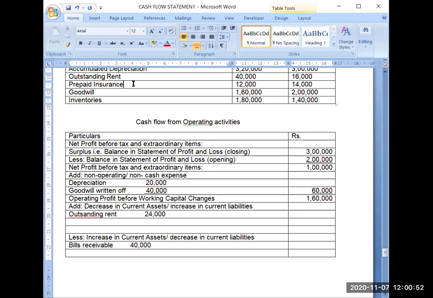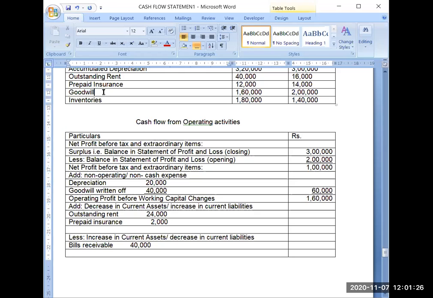It is decreasing by 2,000. So prepaid insurance is a current asset and it is decreasing. So a decrease in current assets will be added. 2,000 it is decreasing, so it will be added.